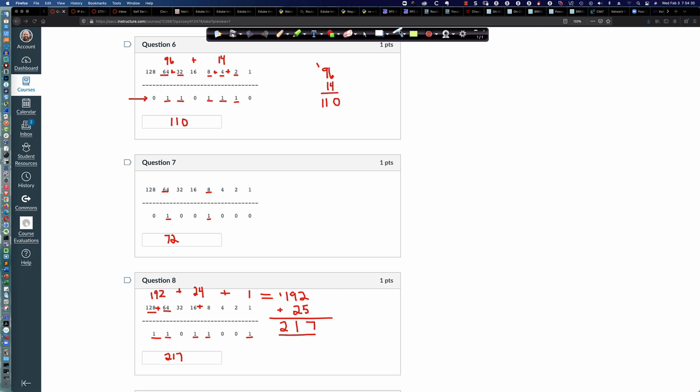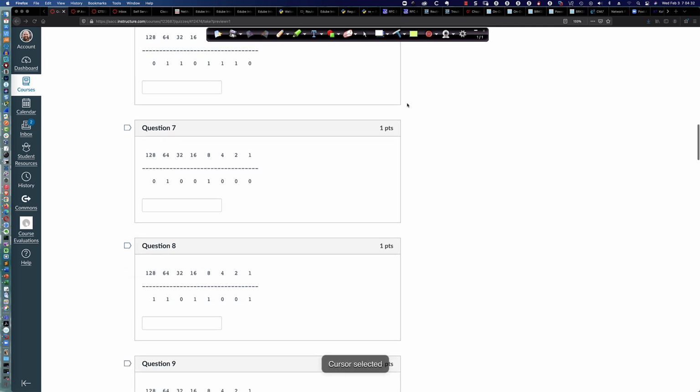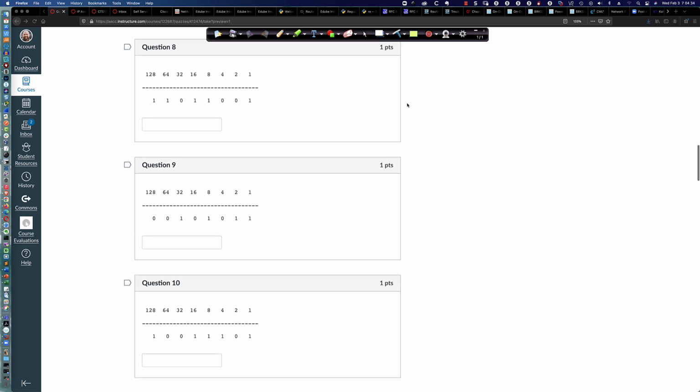So let's clear our screen, and now let's roll down and do the last 2, which are going to be questions 9 and 10. So here in question number 9, again, the process is the same of converting from binary to decimal. We identify the binary bits that are in the on position, identify the corresponding decimal value based on the binary bit position, and then we simply add those values together.